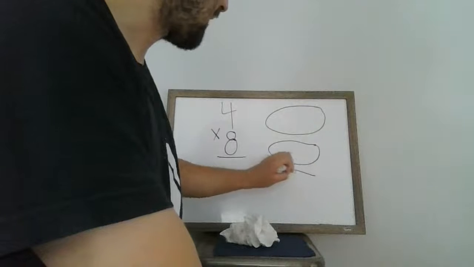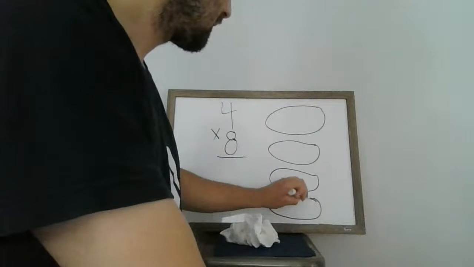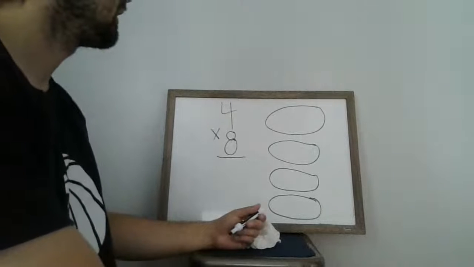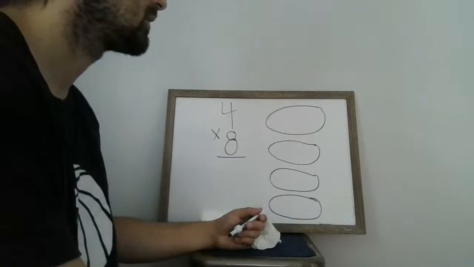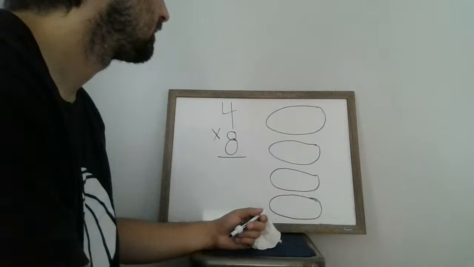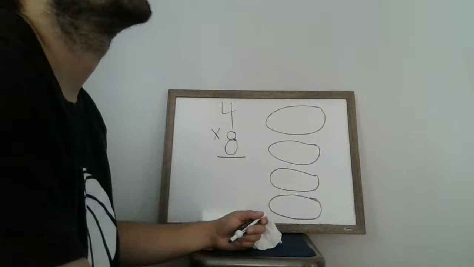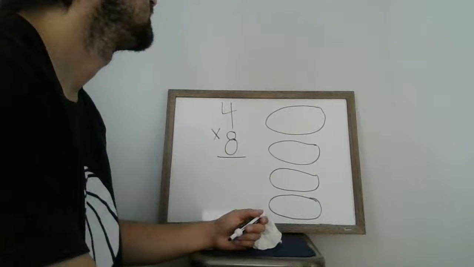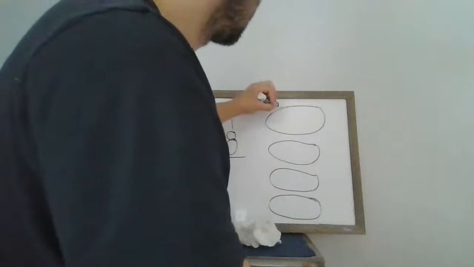We're going to put 8 objects in each circle. And then we're going to count the total amount of objects. Doesn't really matter what the object is. I'll do squares for this one.